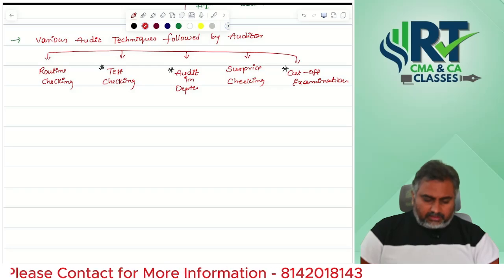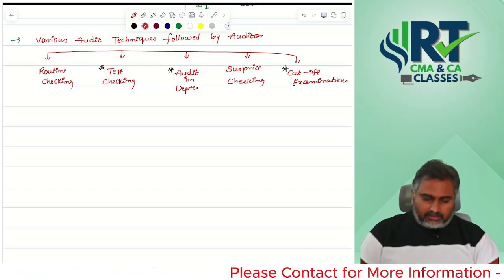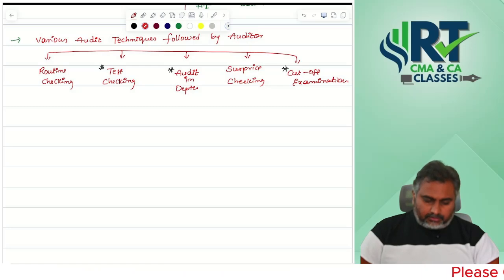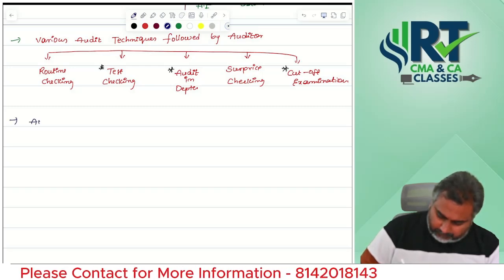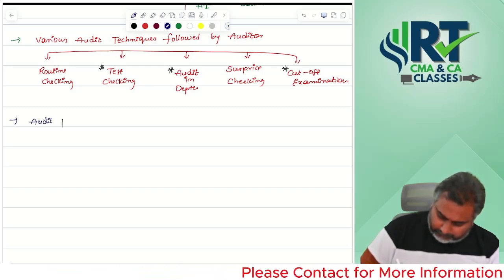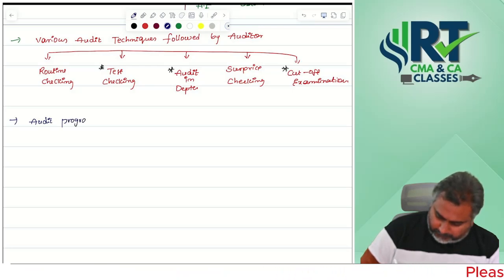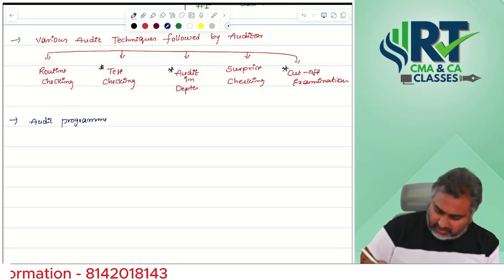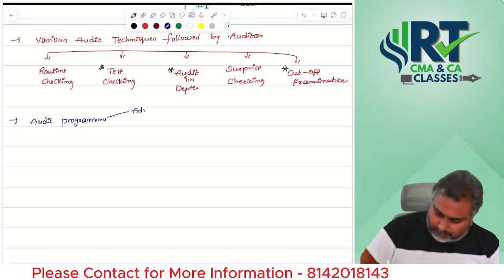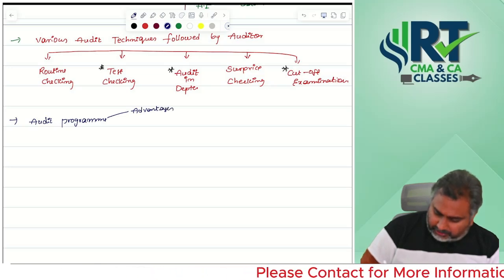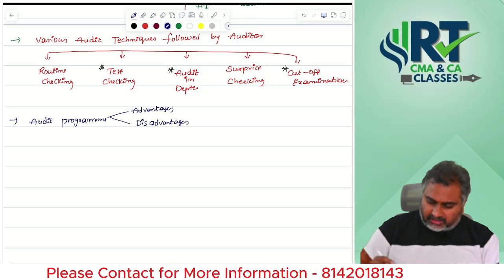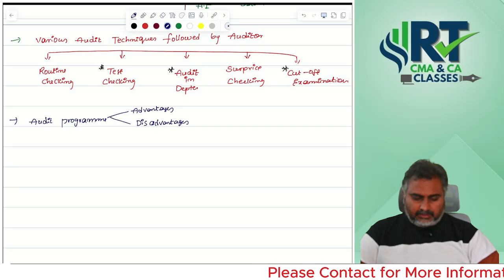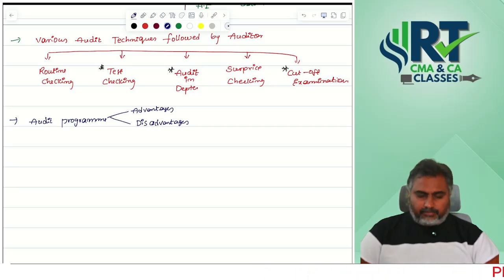Audit documentation I already told you, sir: permanent audit file, current audit file, differences, and audit notebook also. Next, audit program, advantages and disadvantages, the most wanted question under audit program.